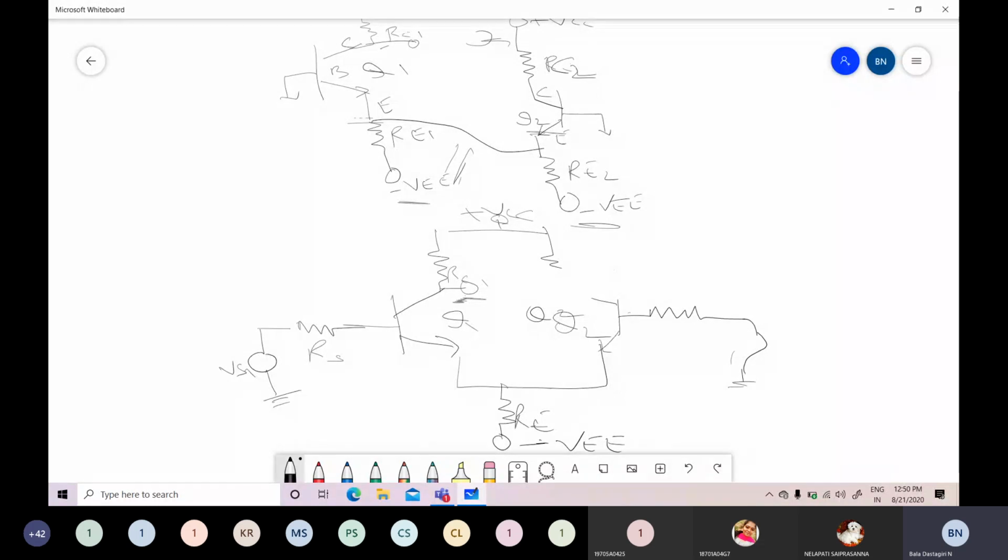In the next class, we will see the differential mode operation and the common mode operation of the differential amplifier. Since time is there, let us see that now. Here is the resistor RC2.